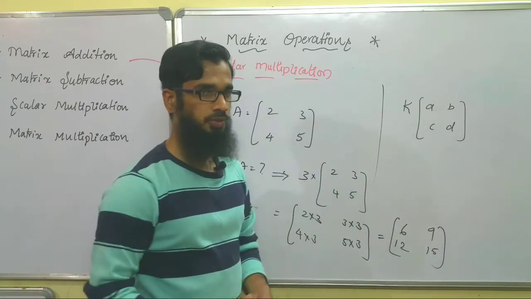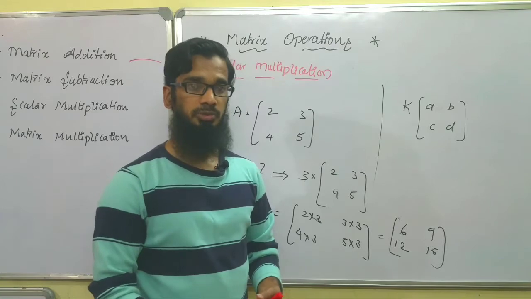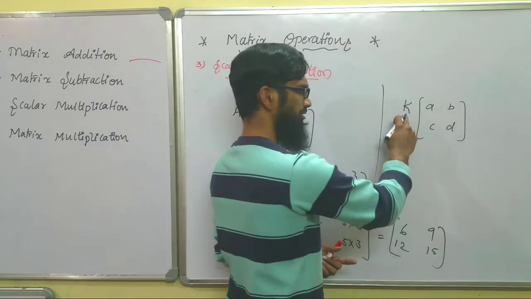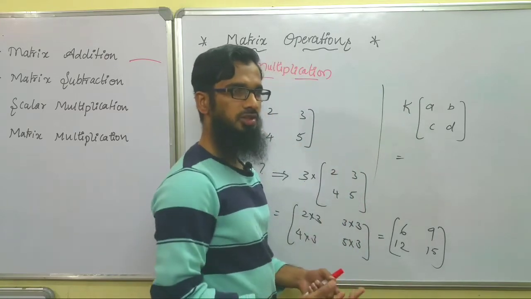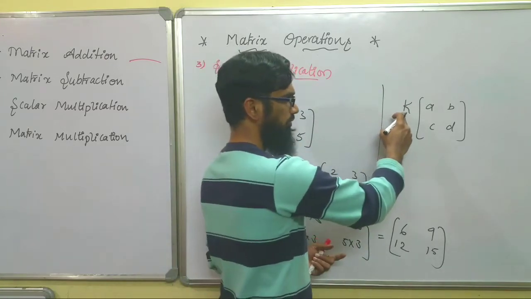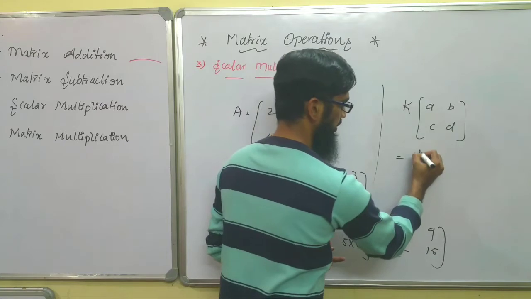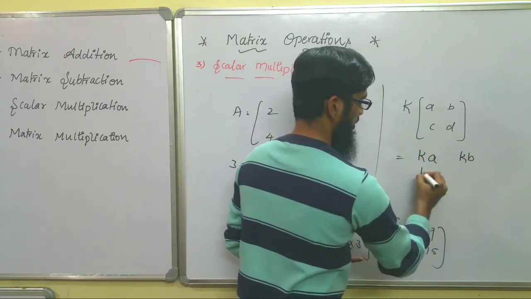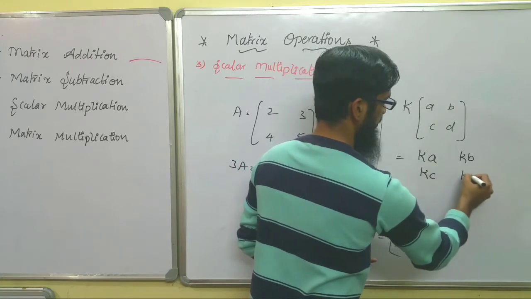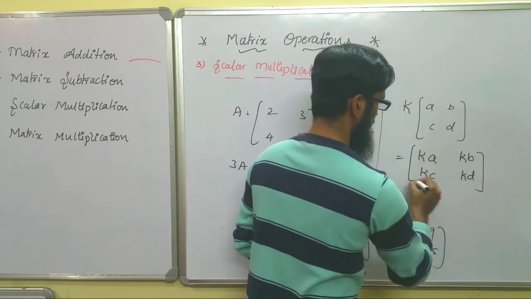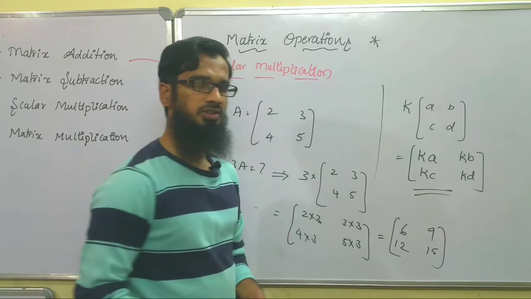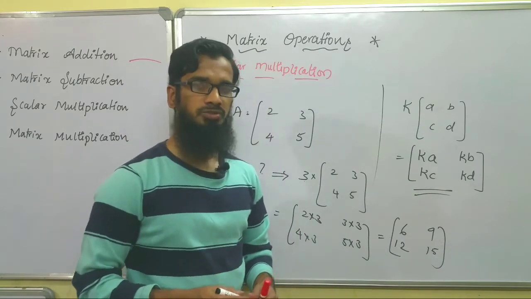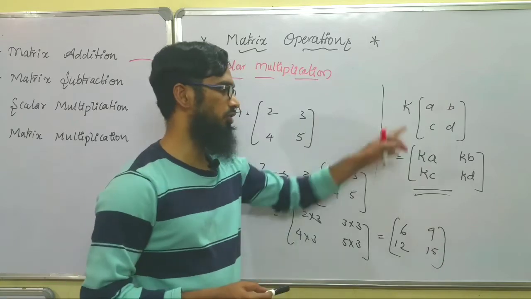What will the scalar multiplication be? We multiply k with all the elements of the matrix. It becomes k into a, k into b, k into c, and k into d. That is the final matrix when we multiply with the constant k.